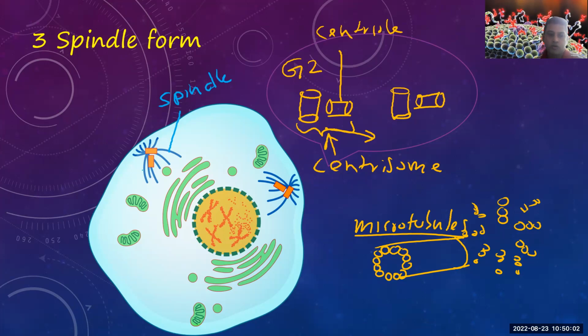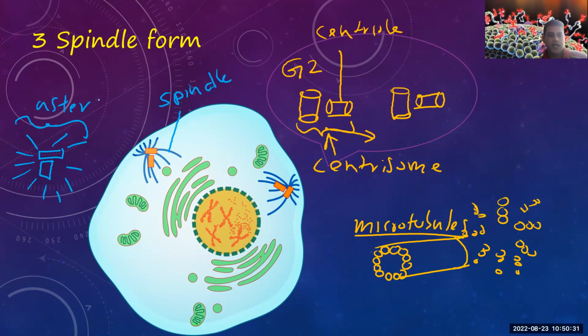And spindle forms not only in one direction, it is formed around in a circle like this. If this is the centrosome, they form like this. When they form like this, it has a very special star-like shape, and we call this shape aster.